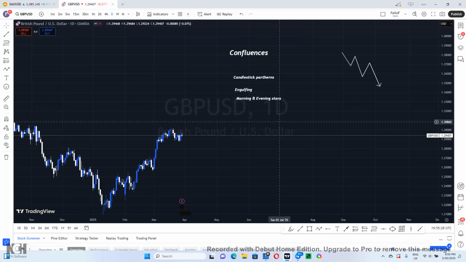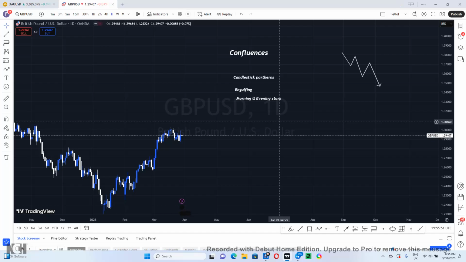I use morning and evening star patterns to get my buys and sells. For the engulfing, we have the bullish engulfing and the bearish engulfing that will tell you what to do. In the next video in this series, I will definitely show you the different types of candlesticks, but here I'm just listing my confluences.